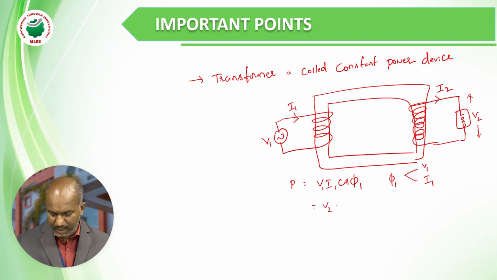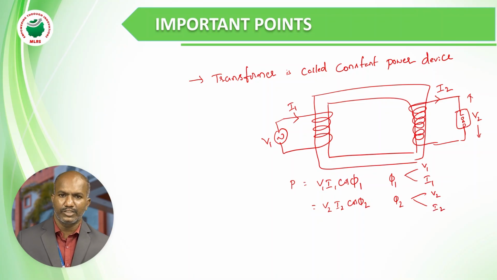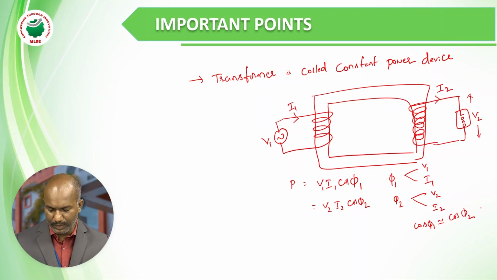Power in the secondary winding is given by V2 I2 cos phi2, where phi2 is the angle between V2 and I2. In general in transformers, cos phi1 is approximately equal to cos phi2. So the power factor in the primary winding is approximately equal to the power factor in the secondary winding.